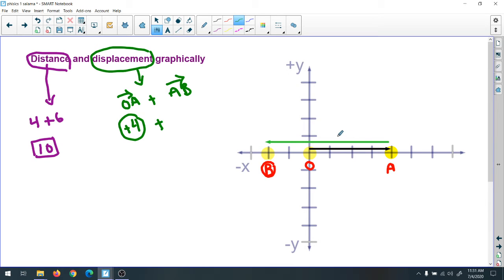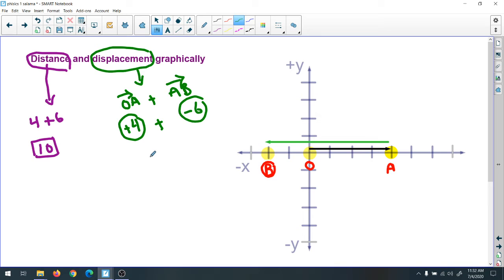Plus, then we move from A to B. How many units? 0, 1, 2, 3, 4, 5, 6, towards negative. This will be negative 6. So positive 4 plus negative 6. Positive 4, you move to the right. Negative 6, you move to the left.